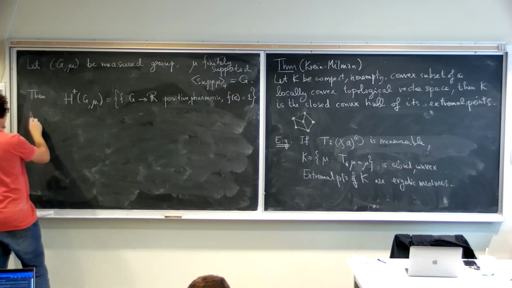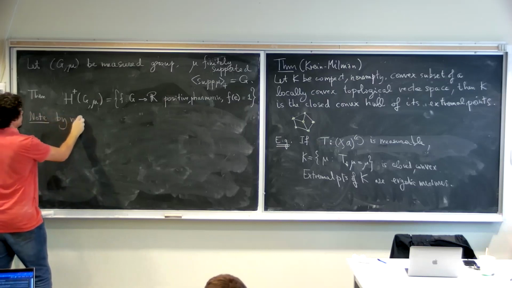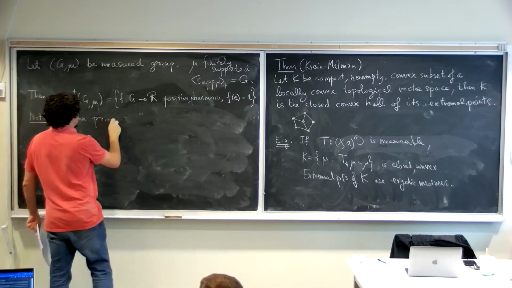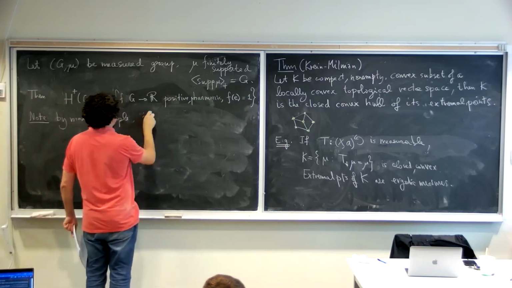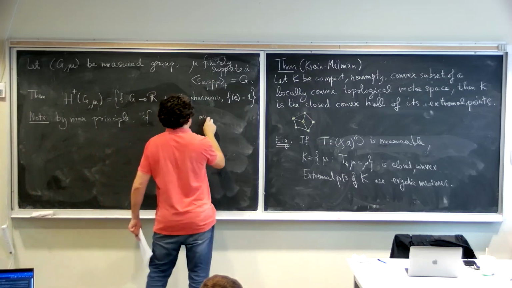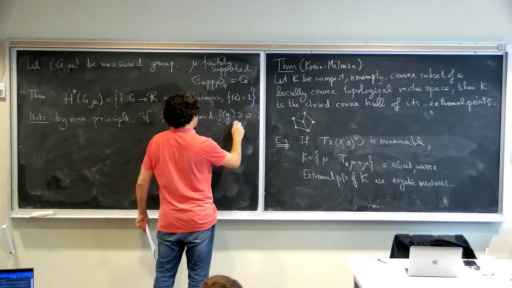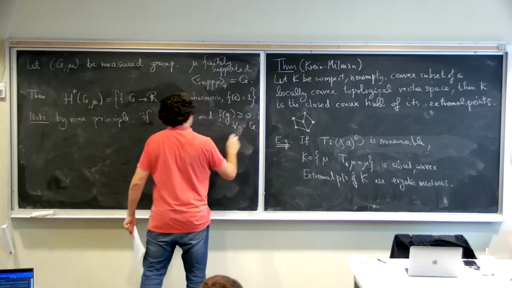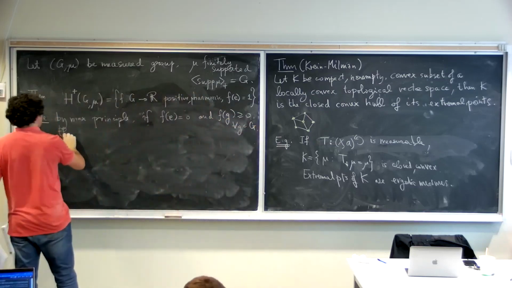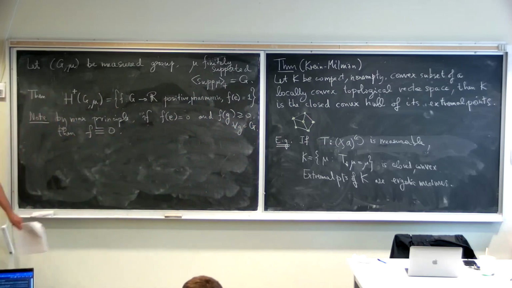So recall, by the maximum principle, if f of e is 0 and f of g is non-negative for every g in G, then f has to be 0.